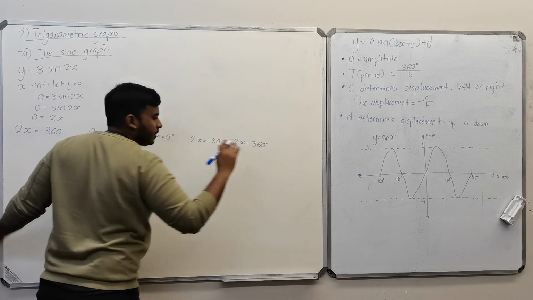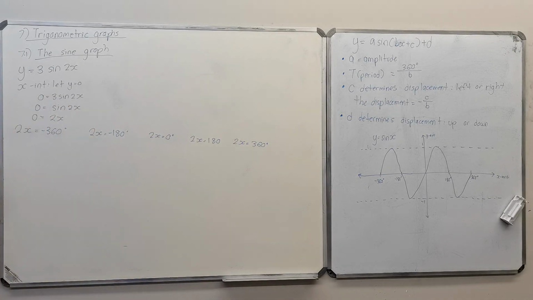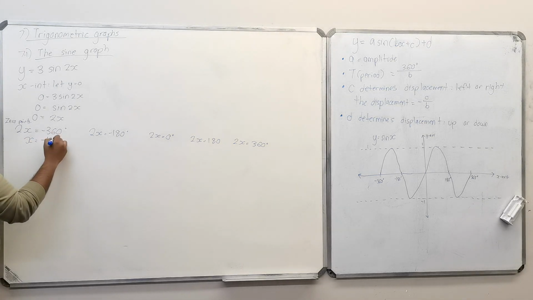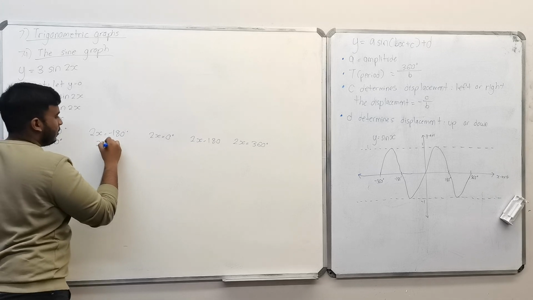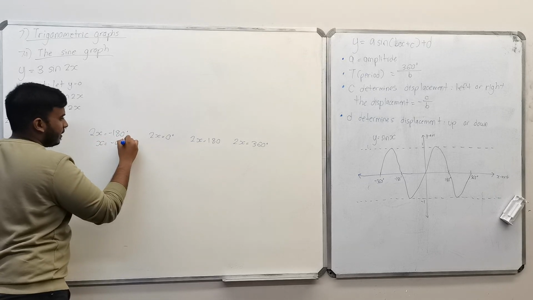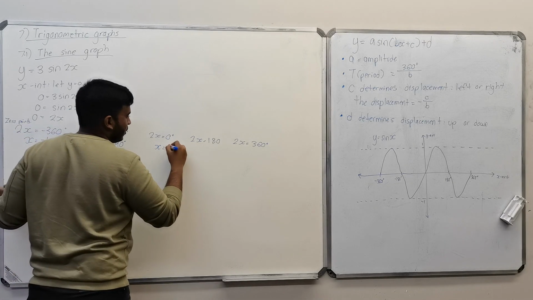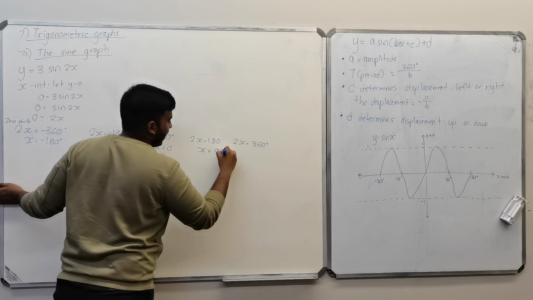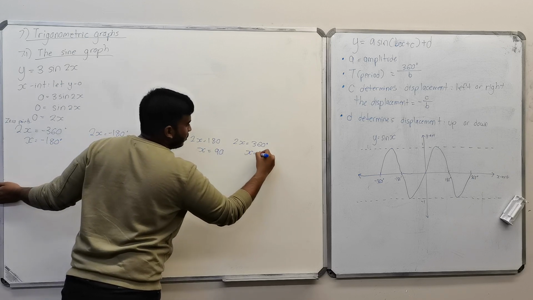You understand this? These are your 0 points. So x will be equal to negative 180, x would be equal to negative 90, x would be equal to 0, x would be equal to 90.